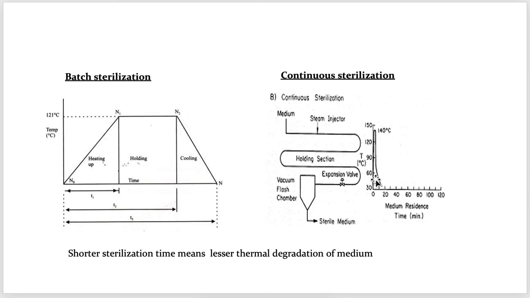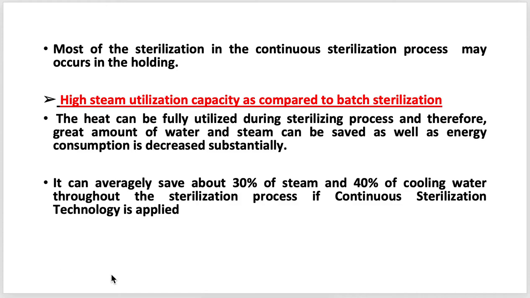But in case of continuous sterilization, the exposure time is very short. Thus, less thermal degradation of media occurs in continuous sterilization. In continuous sterilization, most of the sterilization is done during the holding period.